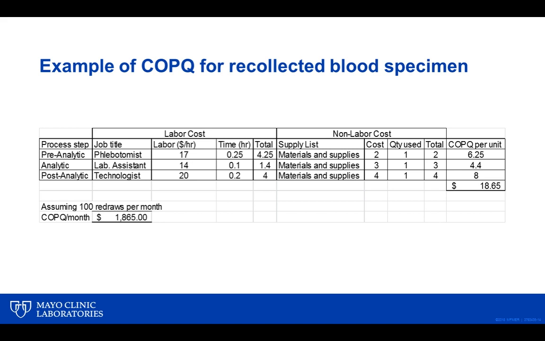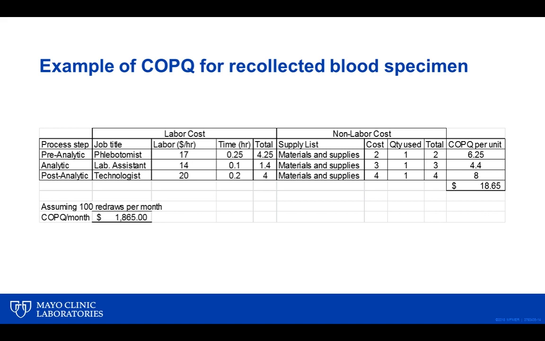Now, if you look at the supply side, the phlebotomist is using materials and supplies, and this is on a higher level. But if you want to go into detail specifying what supplies they use, we know phlebotomists use syringes, tubes, so you can have a whole list of the supplies that are actually used for the error that happened. Here we're just lumping everything into materials and supplies, and we're saying it costs us $2 to do that. And the unit or the quantity used is 1. So if you multiply the 2 times 1, you have a total cost of $2.